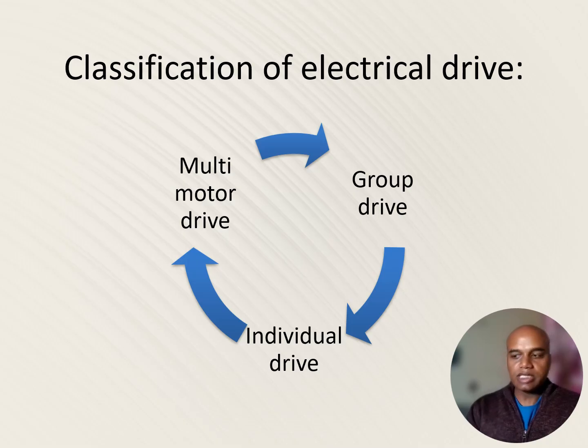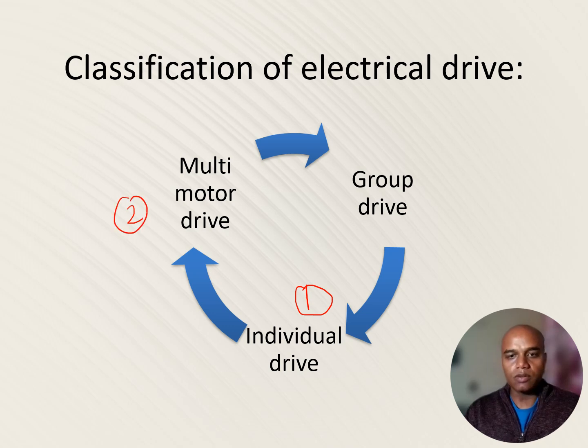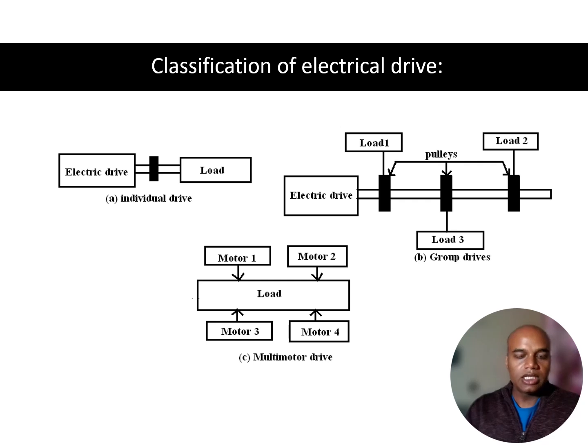So first we need to understand the different classifications of the electrical drive. We have the individual drive, then the multi-motor drive, and then the group drives. Let's understand all these three drives with the schematic. Here we have the individual drive, which is simply one motor driving my load, whereas the group drive has one motor driving many loads together.